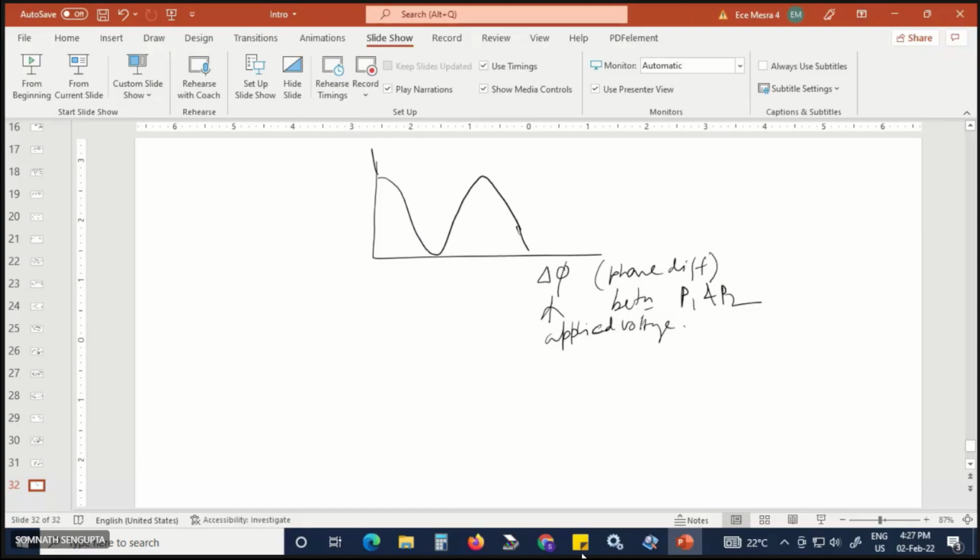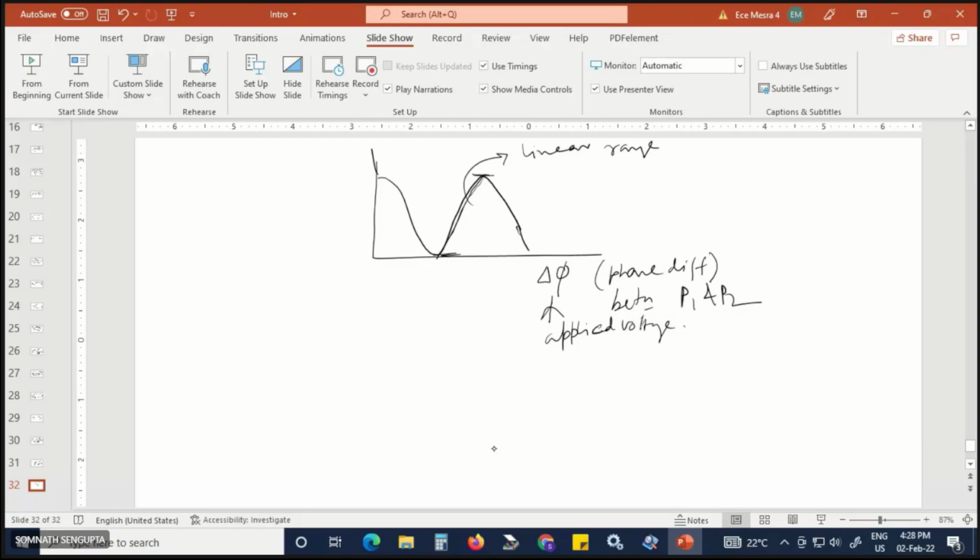If the input voltage is sinusoidal, then the phase change will be sinusoidal and the output signal will also be sinusoidal. So generally some linear range is considered for operation.